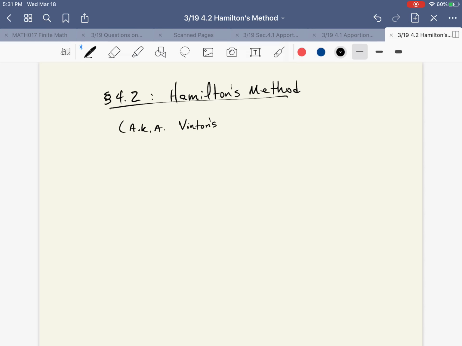Hamilton's method is the first pretty good apportionment method that we started using in the United States. Once we had fixed the number of representatives in our house, that's one thing. At first, the number of representatives in our house wasn't fixed, so you couldn't exactly call it apportionment when there isn't a fixed number of seats that you're apportioning. But in 1850, we started using Hamilton's method.